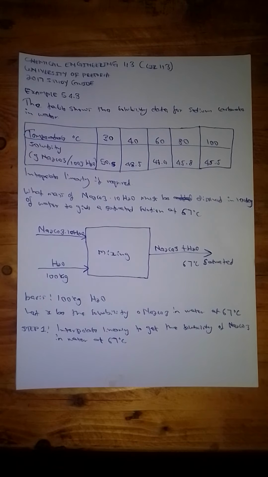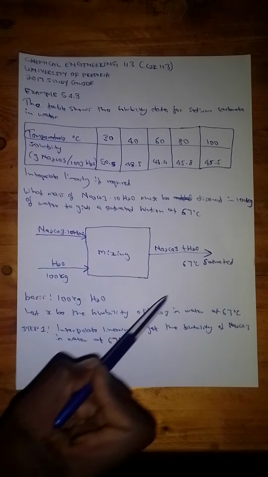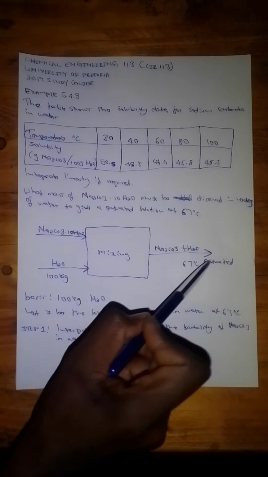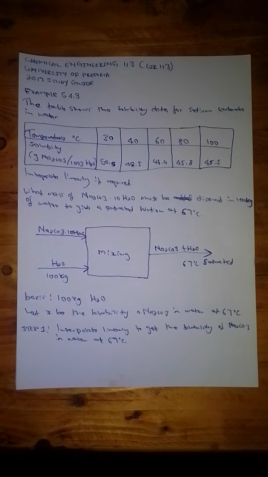So that is actually our first step. We're going to interpolate, and as soon as we get the solubility data of Na2CO3 in water at 67 degrees Celsius, then it's going to be easier to follow from there and answer the question, which is what is the mass. So that is the first thing we're going to be doing.